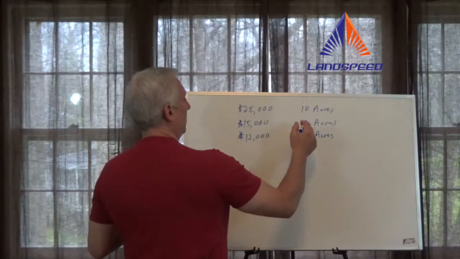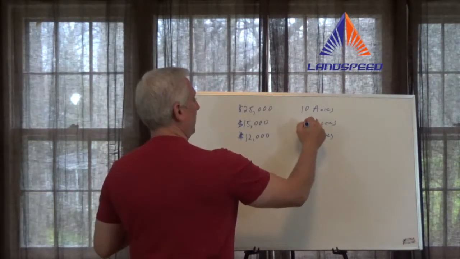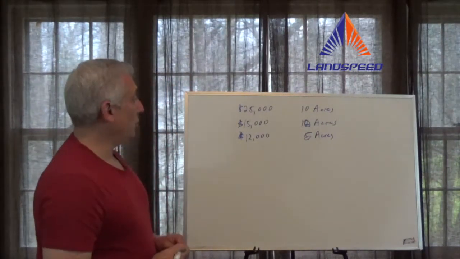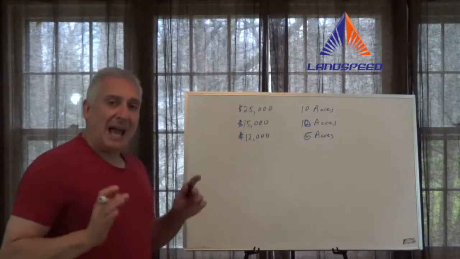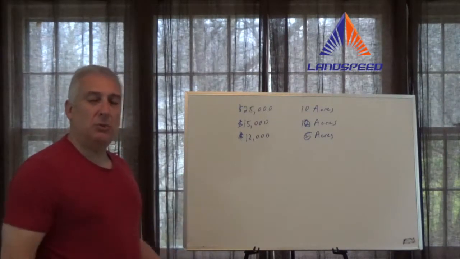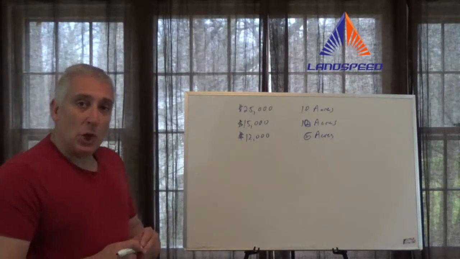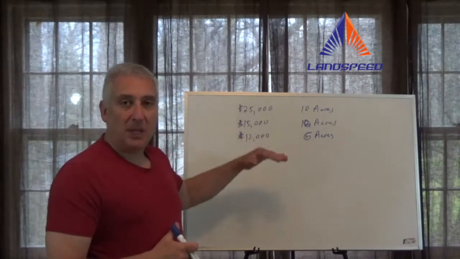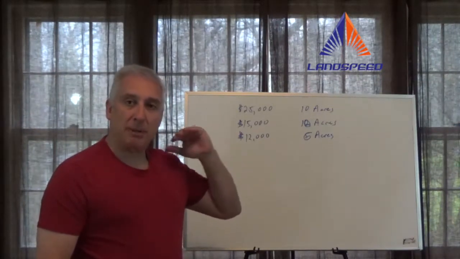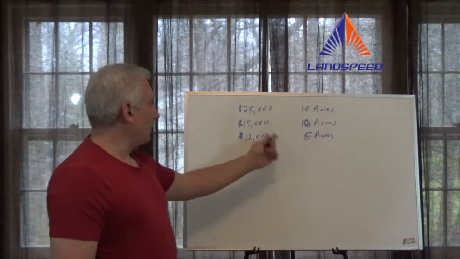Actually, let's use some easier numbers here. Let's make this also 10 acres. So you've got $25,000 at 10 acres, $15,000 at 10 acres, and $12,000 at 5 acres. How do you make sense of that? How do you turn that into something you can actually use in pricing? And the trick is we have to turn all of this information into the same metric so that we can get an apples-to-apples comparison.